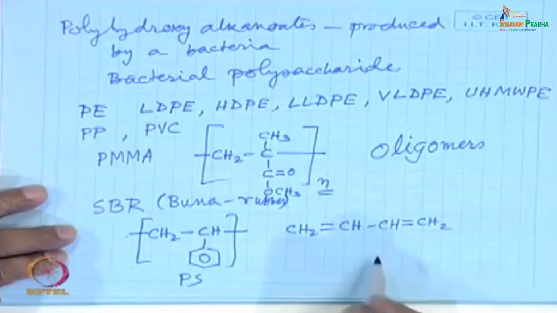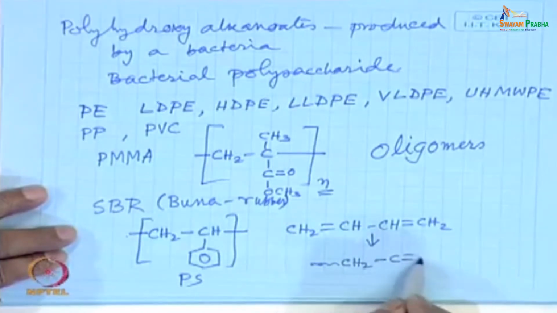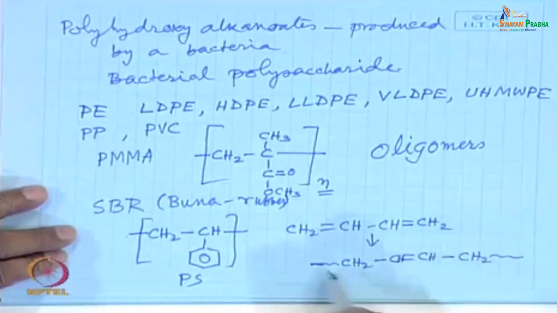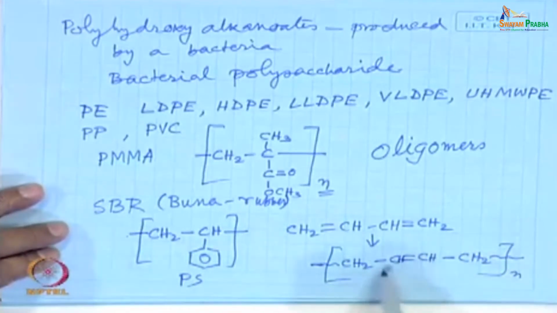Butadiene, you polymerize, again it can undergo cis trans configuration.